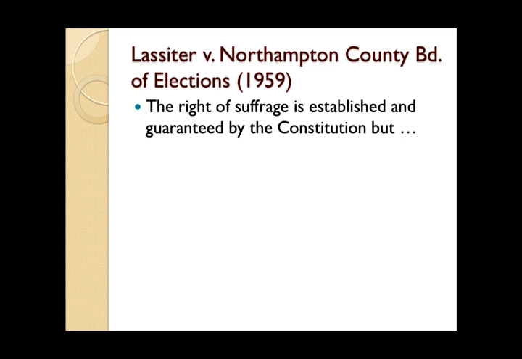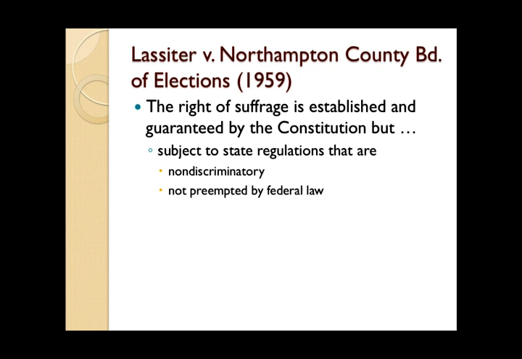The court starts out by noting that the right of suffrage is established and guaranteed by the Constitution. The court says that at the top of page 9. But it's subject to state regulations that are, one, non-discriminatory, and two, not preempted by federal law.